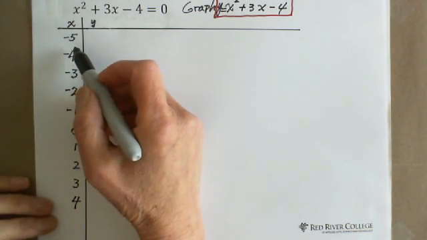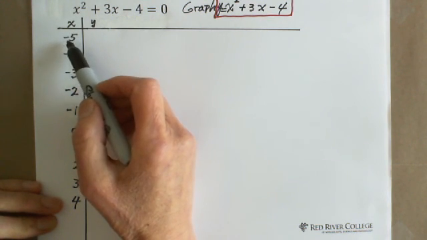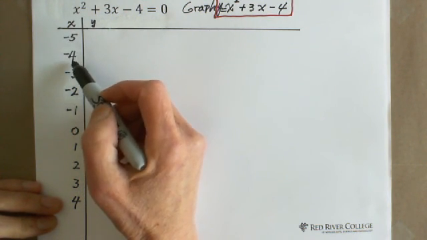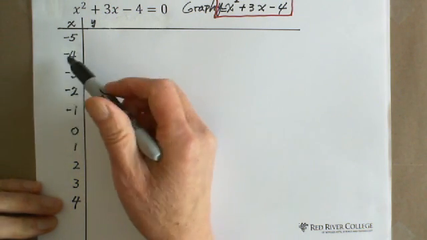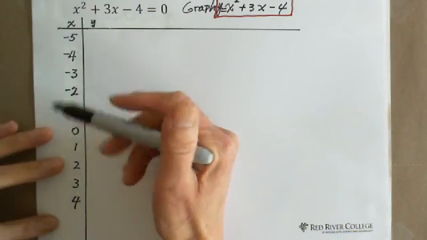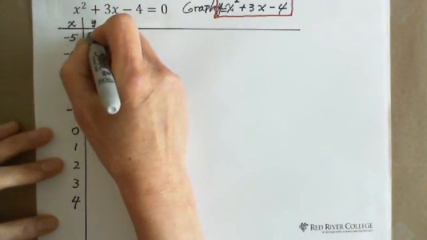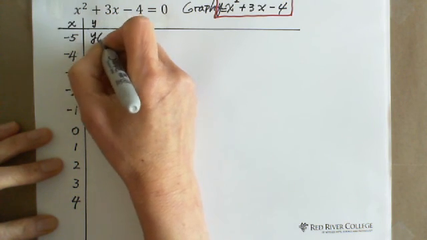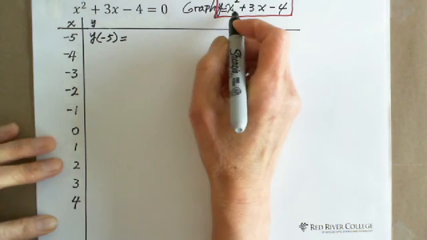Normally we choose several points. We choose from -5, -4, up to 0 and 4. First, we find y when x equals -5. We plug -5 into the function.